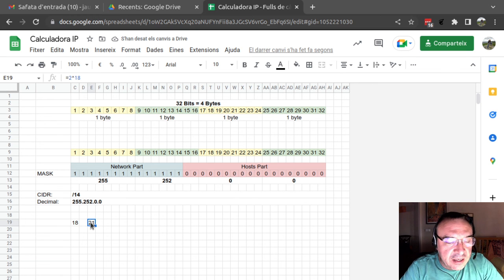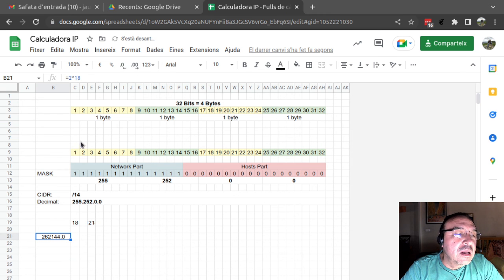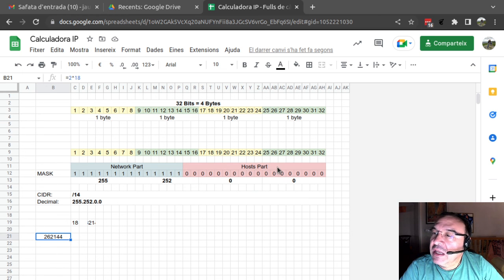Okay, we can see it here. Here you can see the number of hosts we can have in that network. That will be 262,144 hosts. If our network part were smaller, we could have more hosts. If our network part were bigger, then we could have fewer hosts in our network.